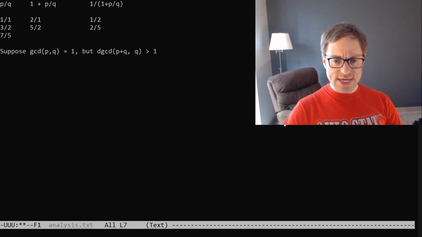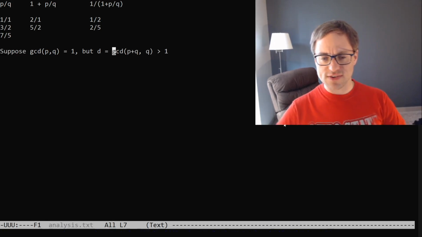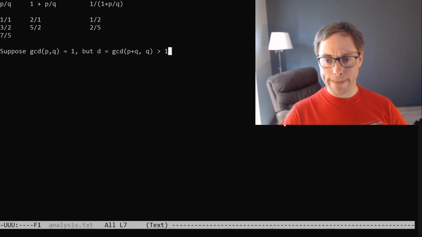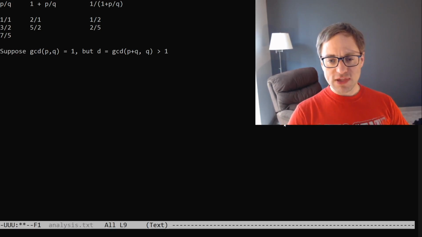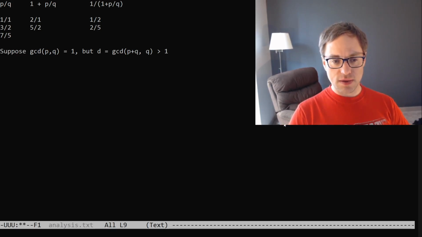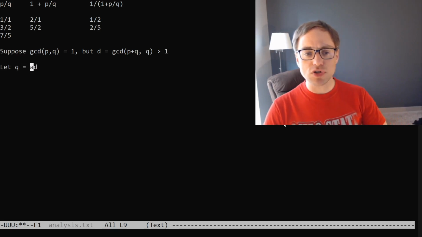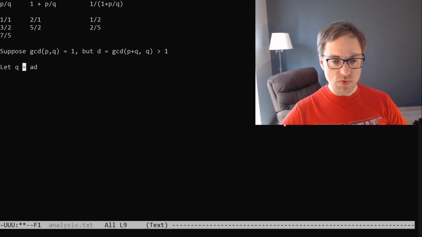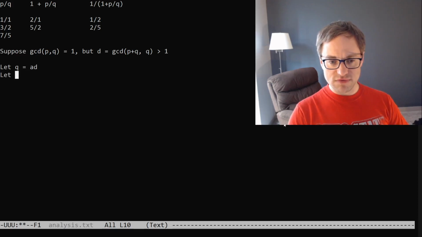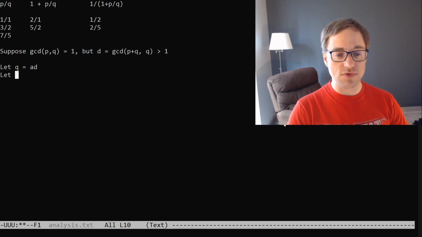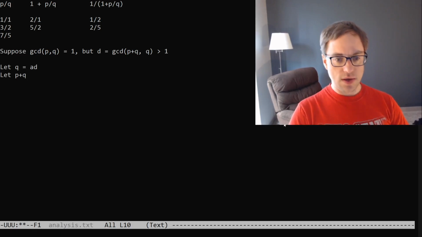And we'll say that D is that greatest common divisor. Okay, well that means that there must be some multiple of D. Let Q equal AD. So some multiple of D is equal to Q. And it must also be the case that some multiple of D is equal to P plus Q. So we'll say P plus Q is equal to BD.